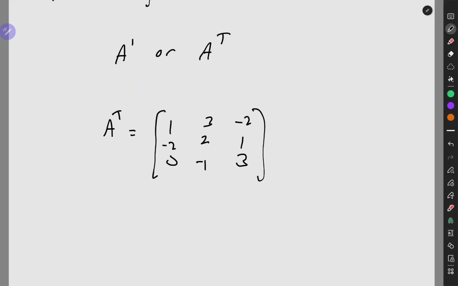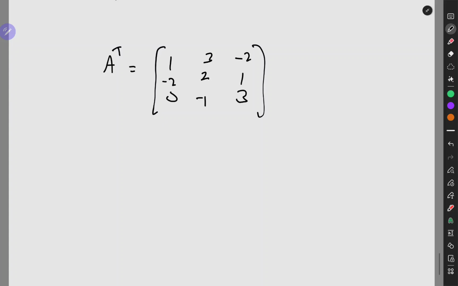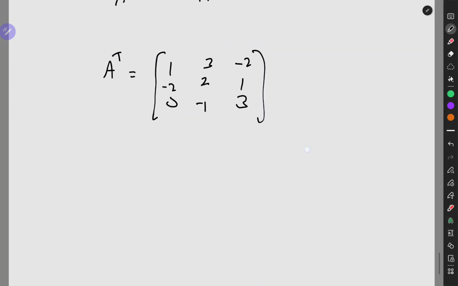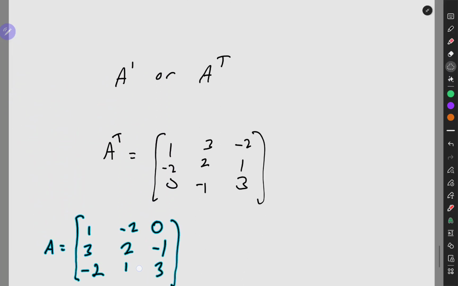And last but not least, I want to cover the identity matrix. Let me find it here. So the identity matrix is, say you take, I can actually show you this really quick as well. Say this is A. Let's take our A back here. I'll show you something really cool.